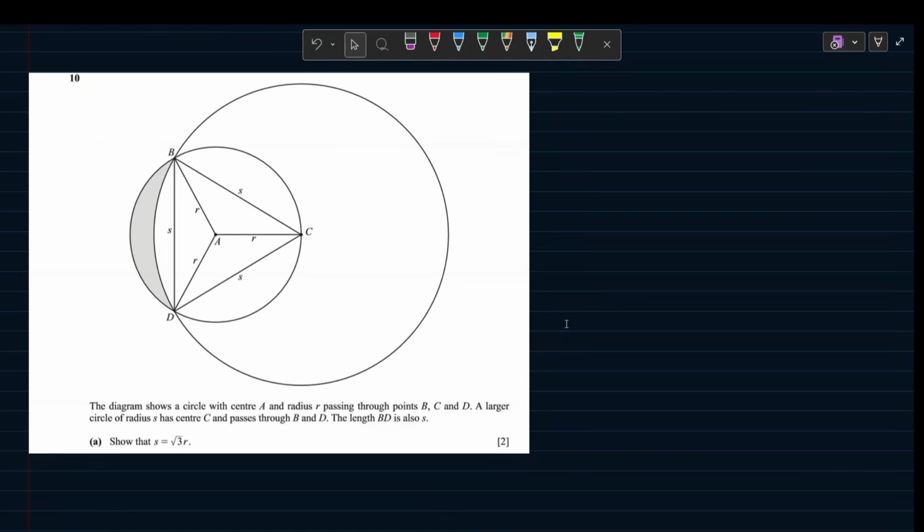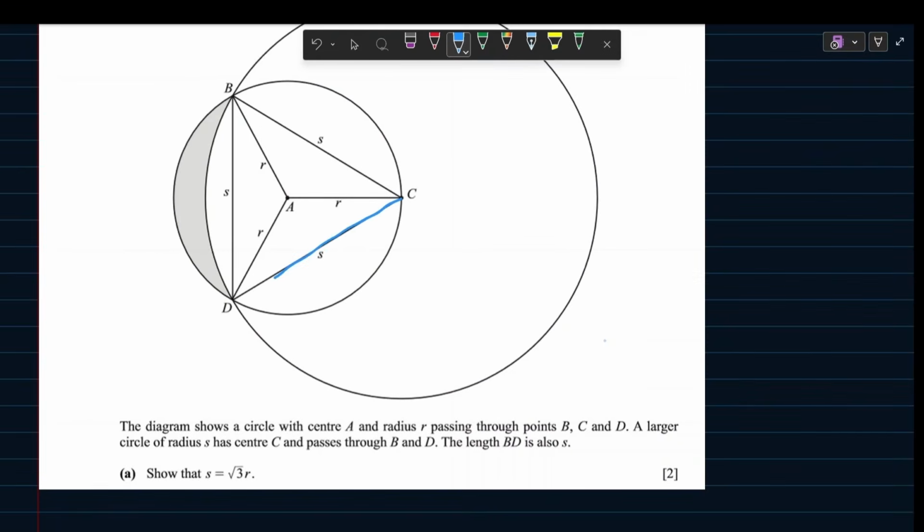So if we analyze our diagram here, I hope you can see that this triangle BCD is an equilateral triangle because each side has length S, and because it's an equilateral triangle, this must mean that this here is pi over 3.